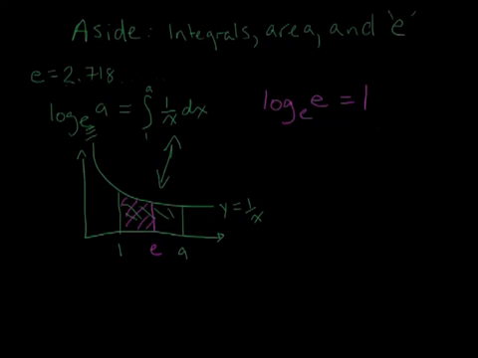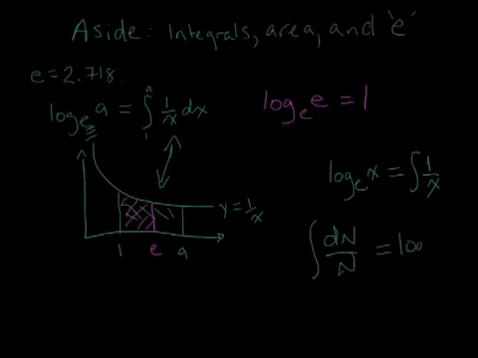But the important thing for us is that since log base e of x is the solution to the integral of 1 over x, that means in our earlier derivation, when I wanted to know what the integral of this was, it's going to be log base e of n.